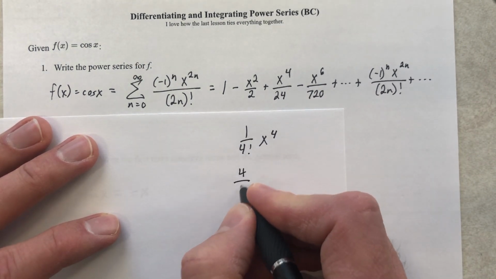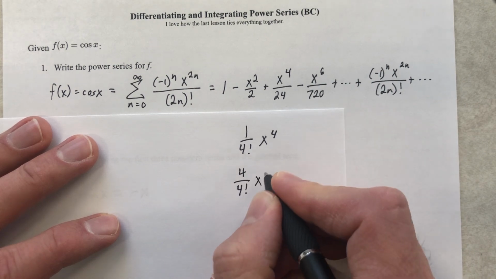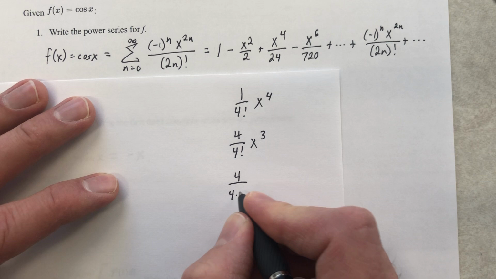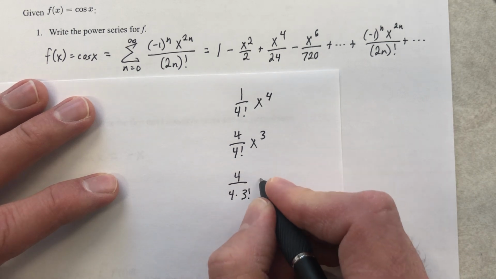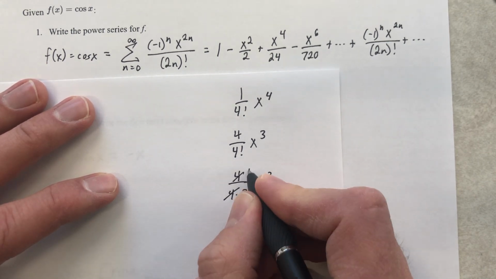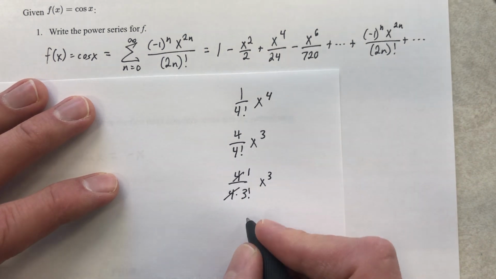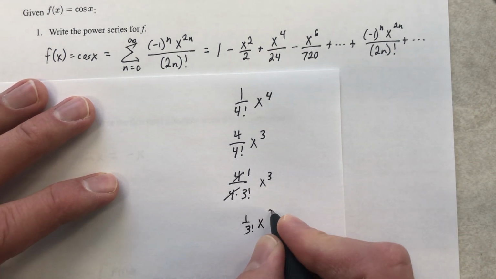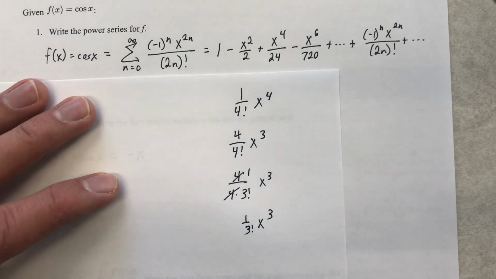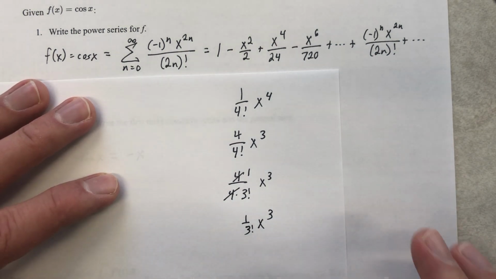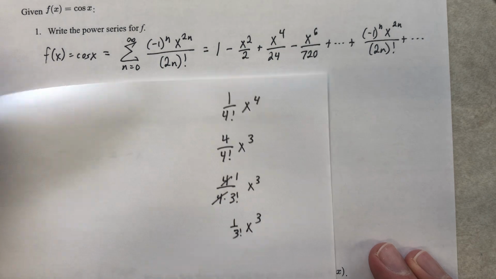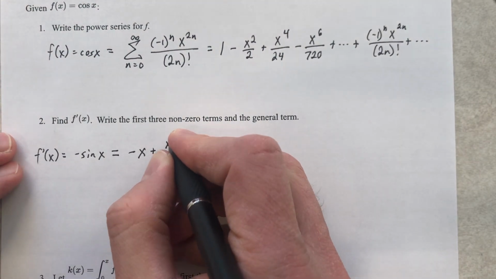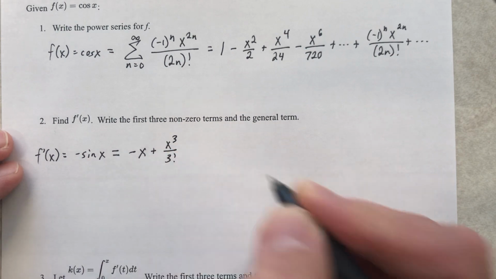That gives me 4 over 4 factorial x to the 3rd, which really means I have 4 over 4 times 3 times 2 times 1, which gives me 1 over 3 factorial x to the 3rd, okay? It's a neat little process. So this is plus x cubed over 3 factorial.